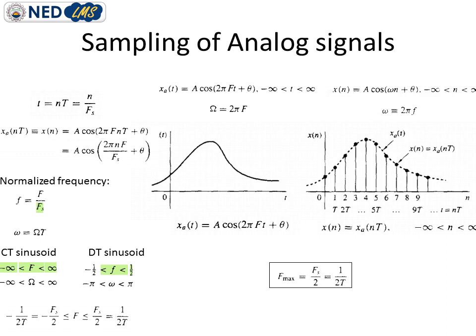In the previous lecture, recall that we already derived an expression t is equal to nT as far as uniform sampling is concerned. So this relationship is true, and we can also relate it to n over fs because we know that time is inversely proportional to the frequency.